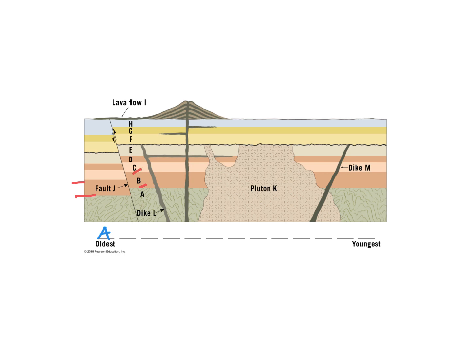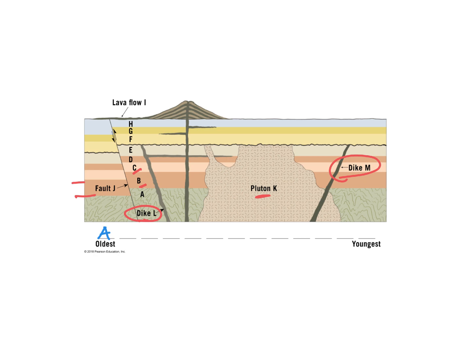All of these things are superposition. We know from cross-cutting that the dikes, dike L and dike M here, are cutting across all these layers, so they've got to be younger, just like Pluton K was.